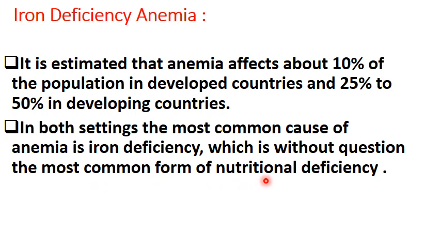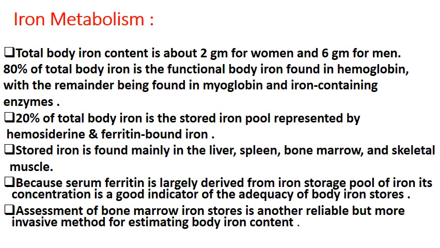form of nutritional deficiency. In order to understand iron deficiency anemia, we have to understand some points in iron metabolism. Generally, the total iron in the body is about 2 grams in women and 6 grams in men, because the male is physically different from the female: muscular mass and bone mass differ.